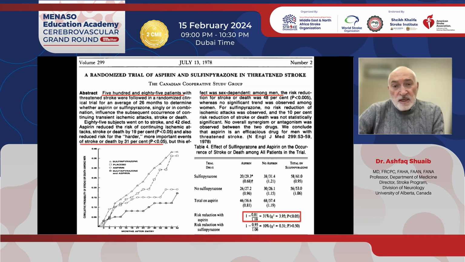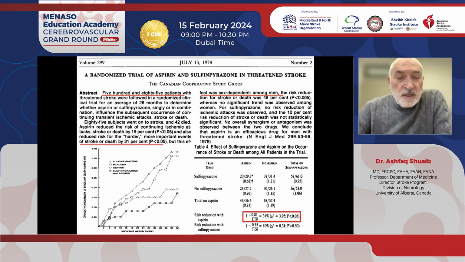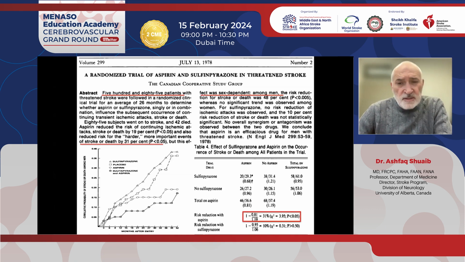So aspirin became an established treatment at a very high dose. It was 1,300 milligrams then, but as you all know, over time we've been bringing it down to an extent that 80 milligrams to 100 milligrams is considered to be more or less appropriate treatment. Also, the sulfinpyrazone did not work.